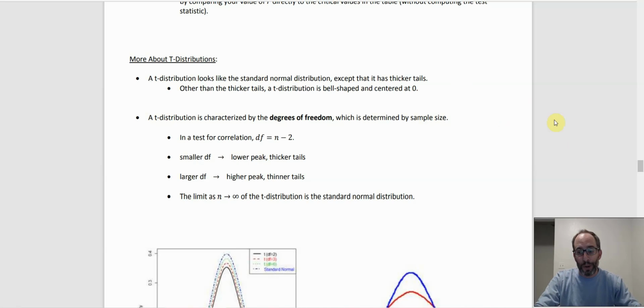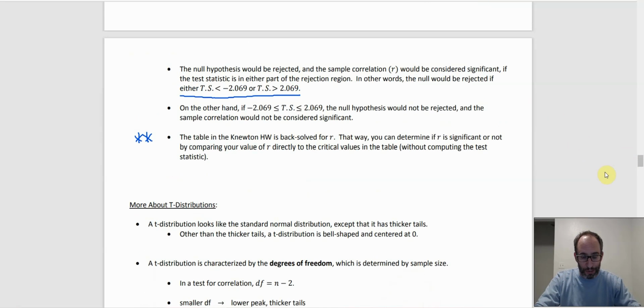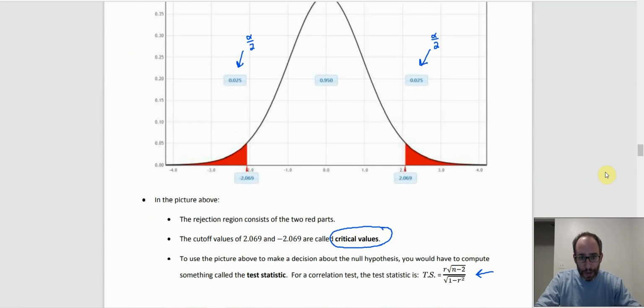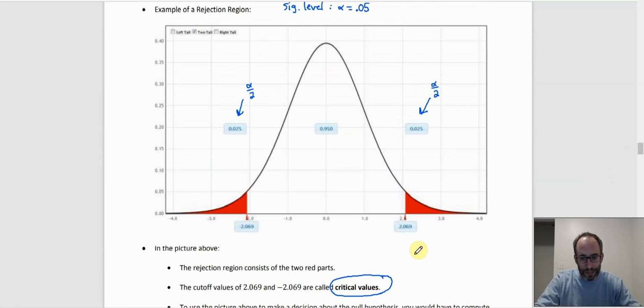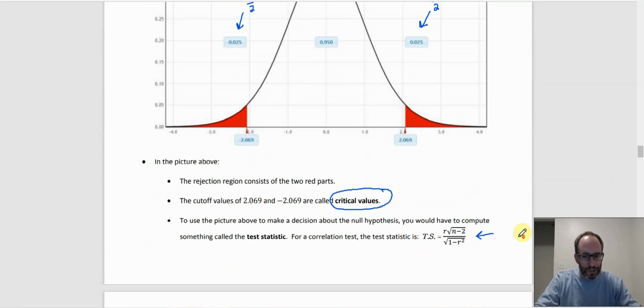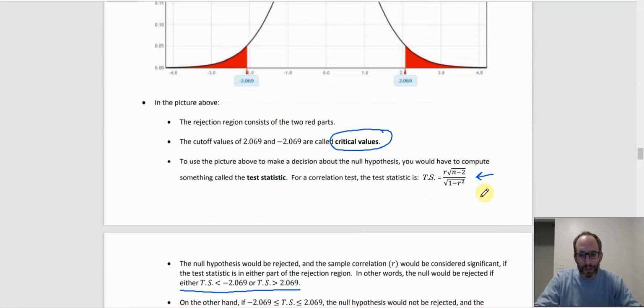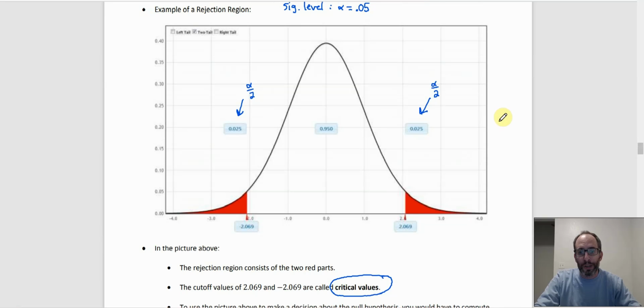Oh, and by the way, another thing that's worth mentioning with this picture up here, I didn't say it and I should have. Why is this set up for the test statistic when it would be easier if you could just do it using the sample correlation? It's because the t-distribution is not just used for correlation. It's also used for the mean and for anything that's mean related.